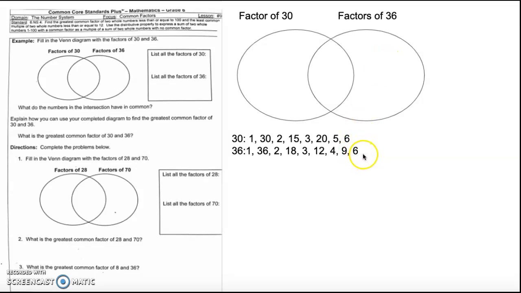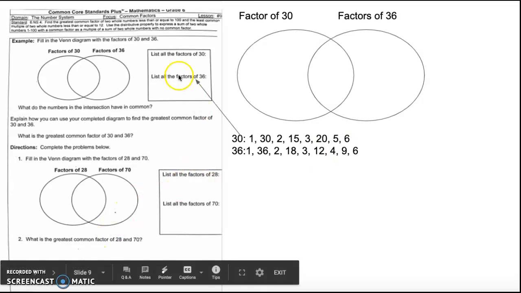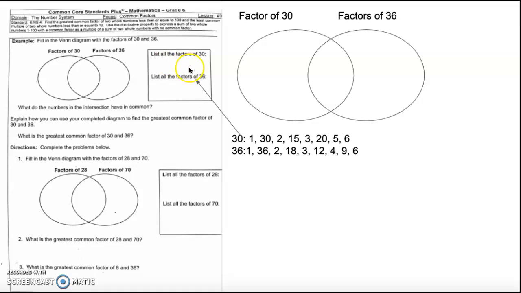Now I didn't write out 6 twice because I already knew it was going to be on here. So all of these numbers, the factors of 30, should go up here, and the factors of 36 should go right here. And remember, 3 times 20 is not 30. It's supposed to be 3 times 10.